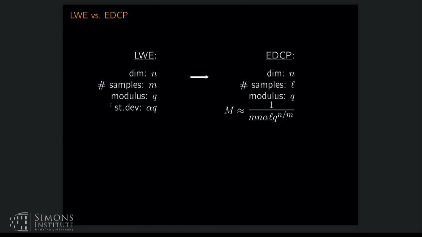Right. So on one hand, we have LWE samples, and we produce some EDCP samples. The parameters develop as follows. If you had n-dimensional here, you have n-dimensional there as well. The modulus remains Q and Q. It doesn't change.